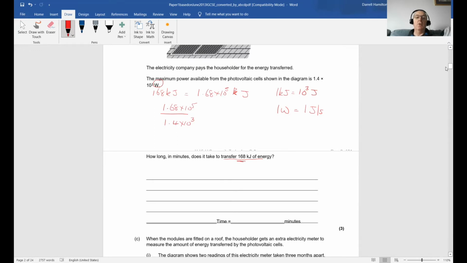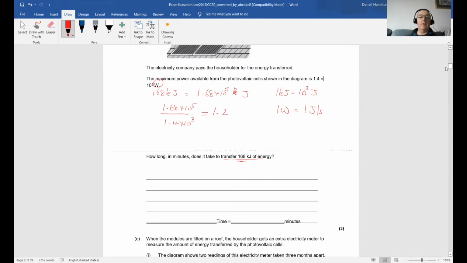So if you divide 1.68 by 1.4, I have my calculator handy there. So we've got 1.68 divided by 1.4. That is 1.2.